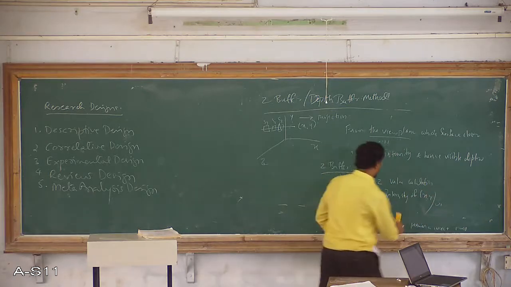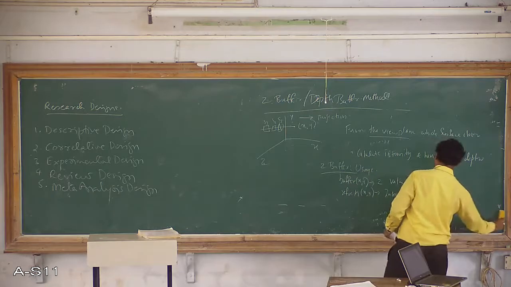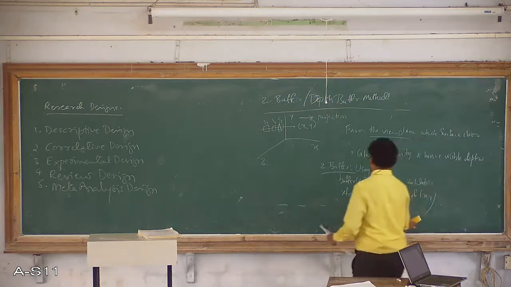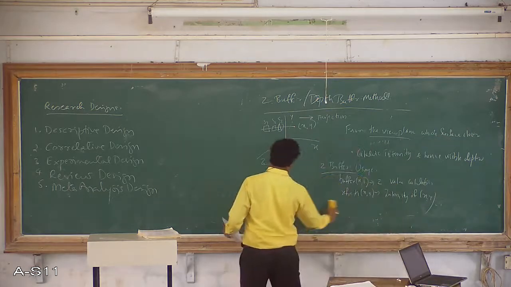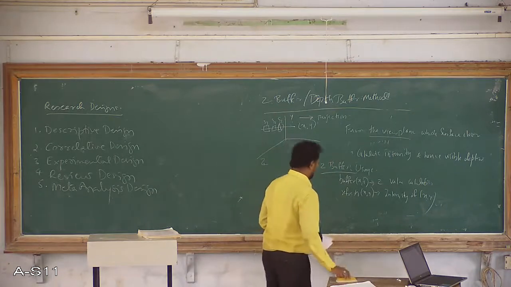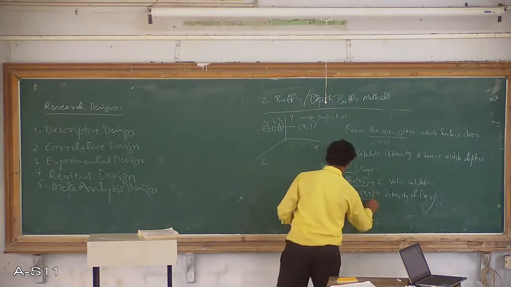One is for z value calculation and one is for intensity of that z value pixel. So that is buffer xy and refresh xy.